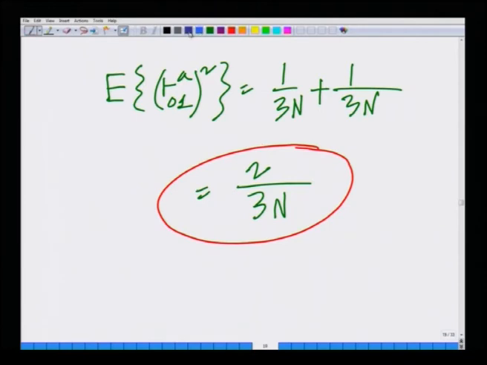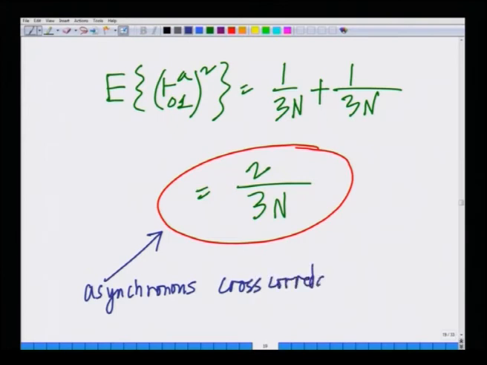This is an important quantity. Hence, nothing essentially changes, except now look at the variance. Previously we had 1 over n, now that is reduced to 2/3 of 1 over n.